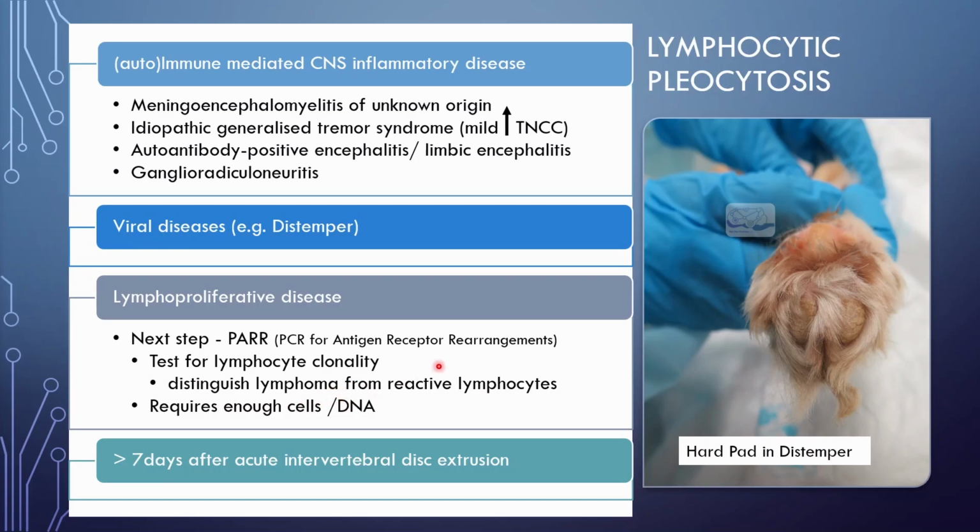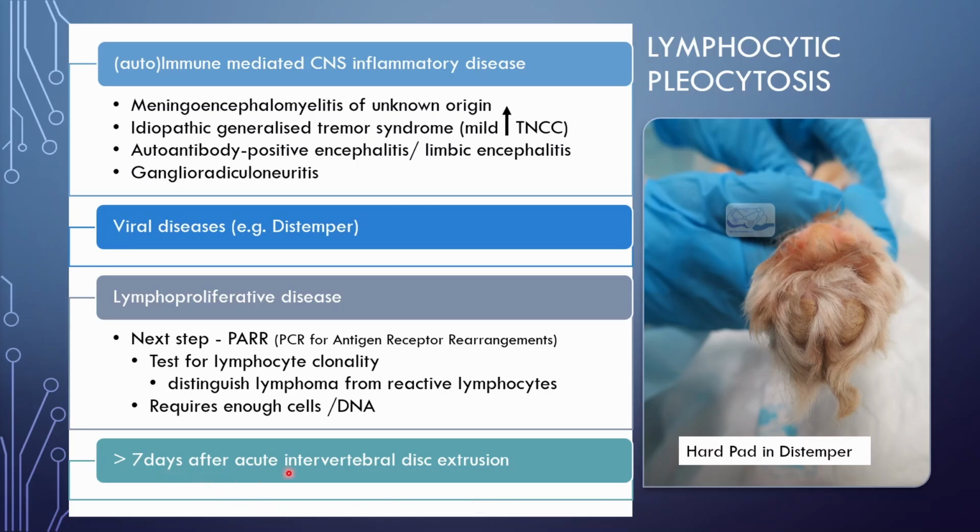So it's looking for clones of lymphocytes, because when you have lymphocytes that are neoplastic, they've all come from the same mother cells, so they're clones of each other, whereas reactive lymphocytes are different. To get this, you do need enough cells or DNA, so sometimes you'll send it off and you'll be told no, they can't do that.